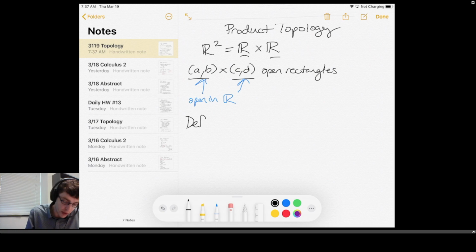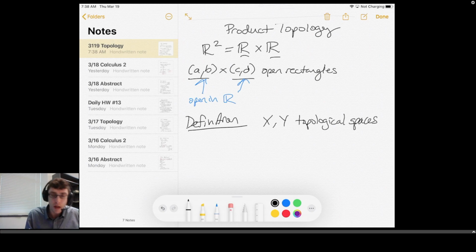I mean, if you're following along the text, you can read it, but if you're not, that's fine. So X, Y are topological spaces, so they have their own topologies. We can talk about open sets in them.